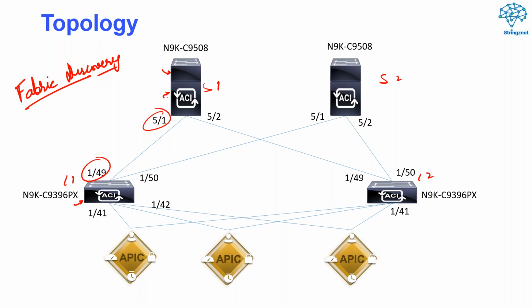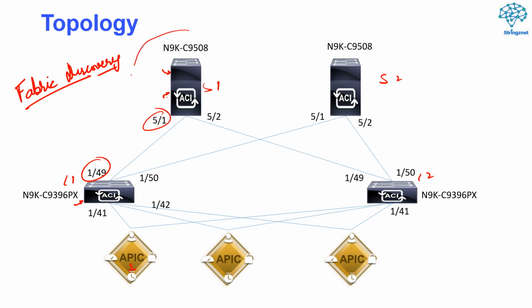In the very first lab of ours, which is called fabric discovery, this particular controller will discover one of the leaf switches and register it, and then the spine switches register and the other leaf switch registers.